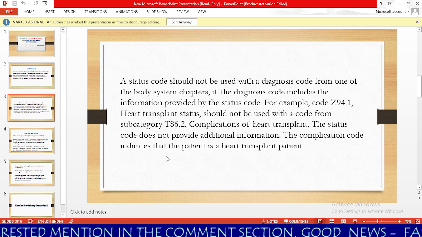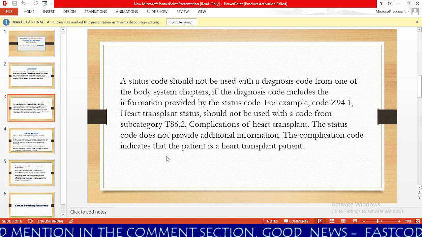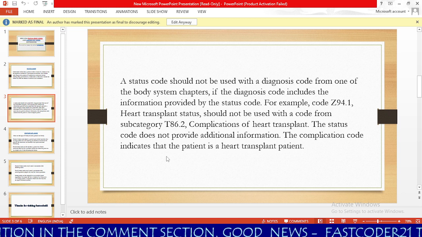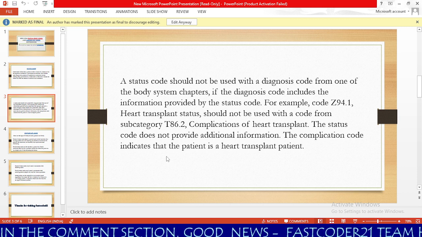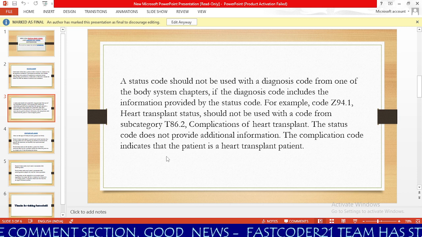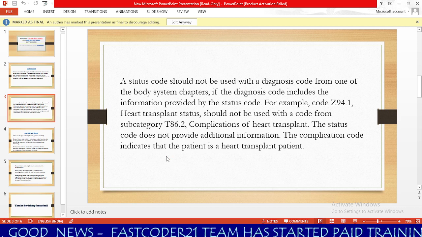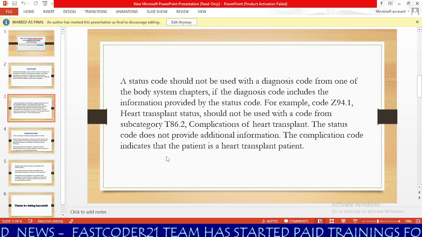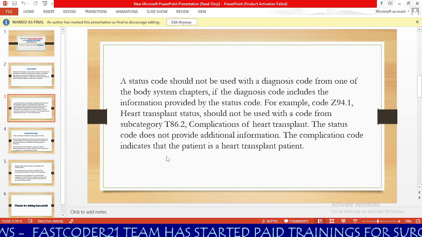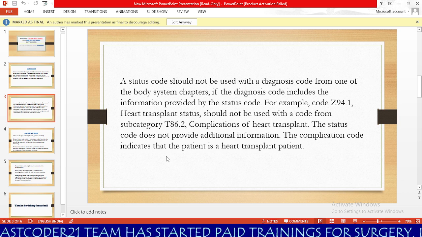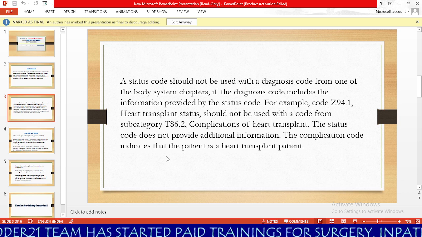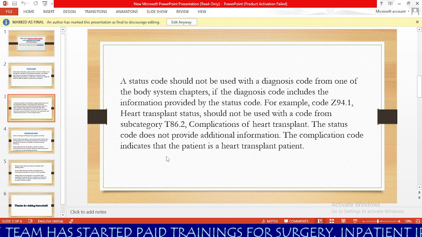So here we need not give Z94.1, as heart transplant status is included in the heart transplant complication code, which is T86.2. So here T86.2 denotes that the patient has a heart transplant and also has complications of the heart transplant. So here we need not code Z94.1.